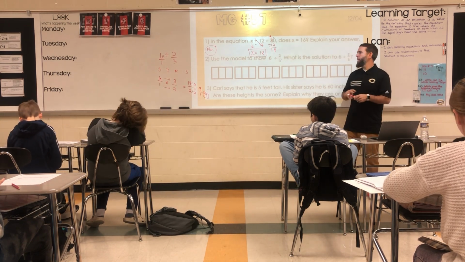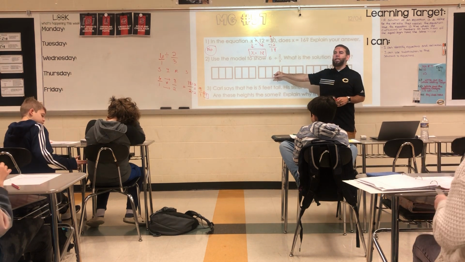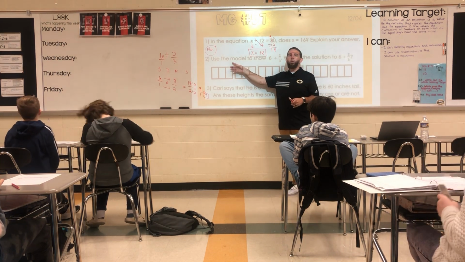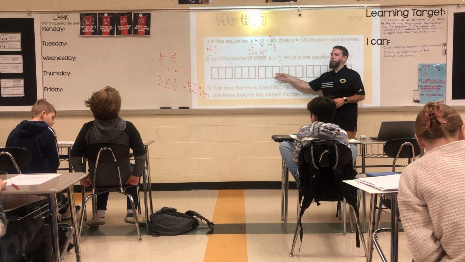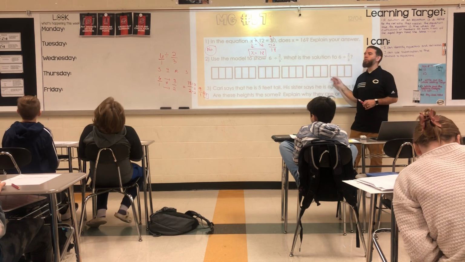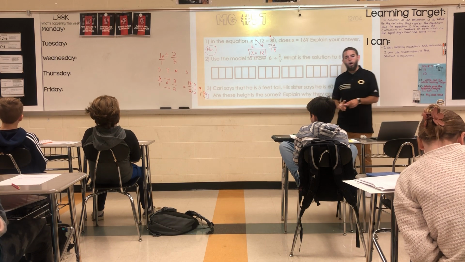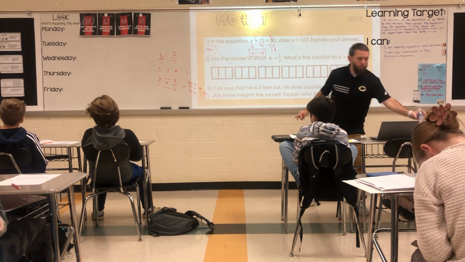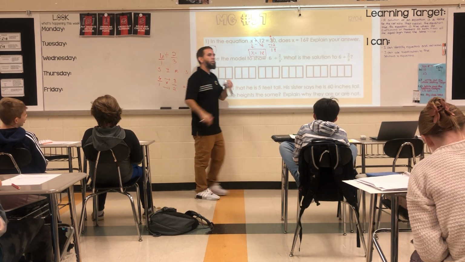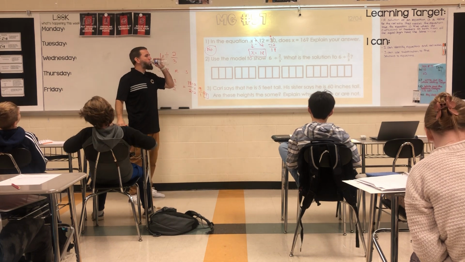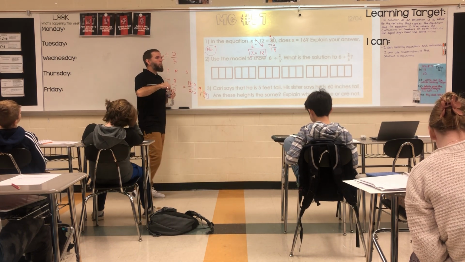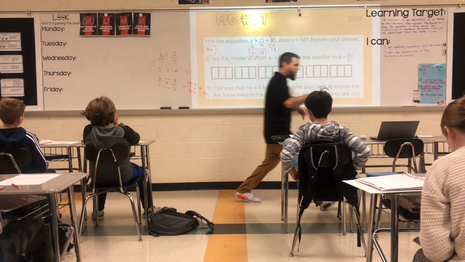All right, so let's do this. Somebody raise your hand and tell me, how can we use this model to solve 6 divided by 2/3? All right, Madison G, what do you think? Okay. Perfect.